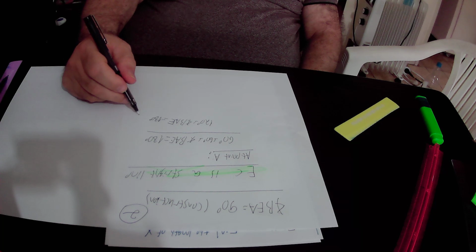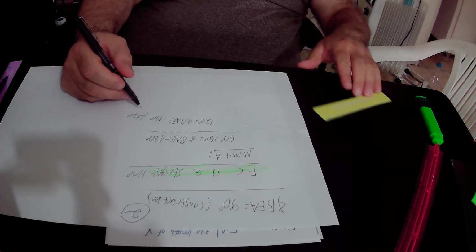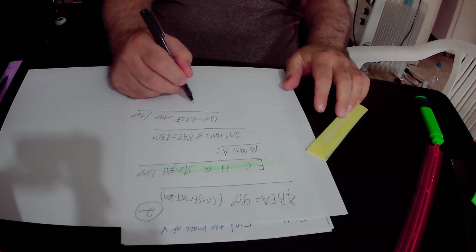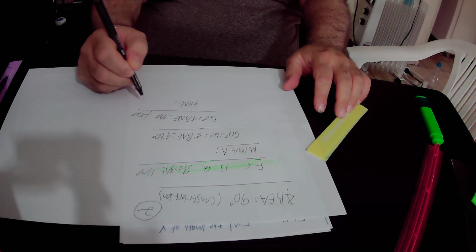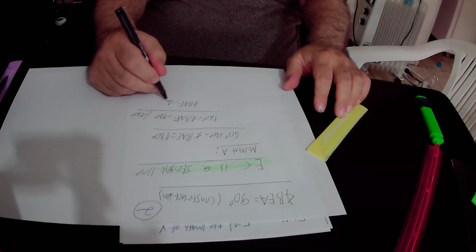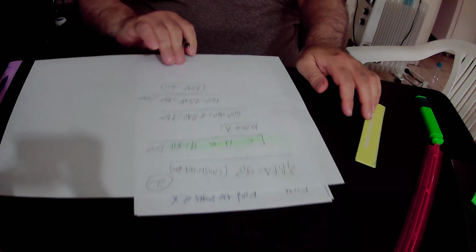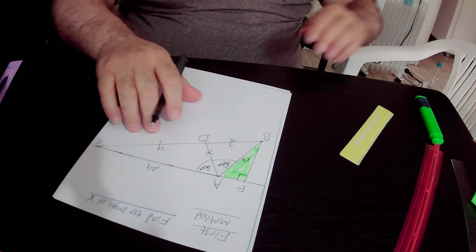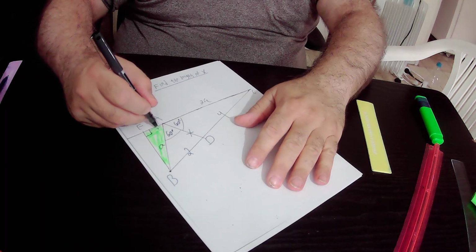We subtract 120 degrees from this equation, and we get that the missing angle BAE is equal to 180 degrees minus 120 degrees, which is 60 degrees. So I found out that angle BAE equals 60 degrees. So this angle is equal to 60 degrees.